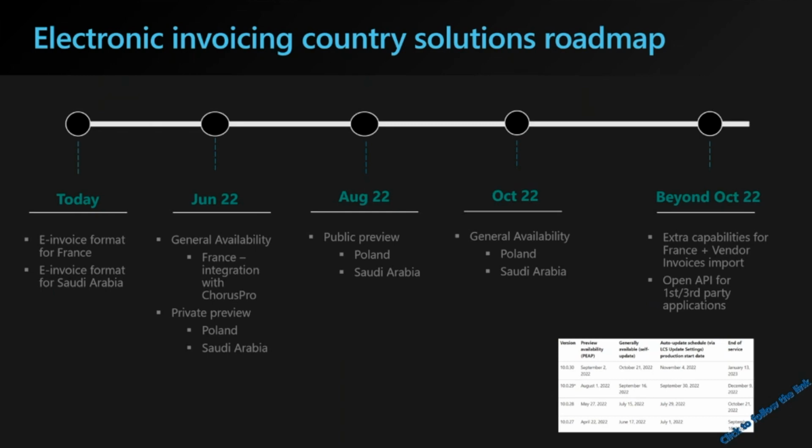Beyond October 22, we still have the plan to release some extra capabilities for France that were referred to in the previous slide, as well as we will include vendor invoice import. One very important and interesting functionality that was also mentioned by Marek is Open API for first and third party applications. We are targeting to release it later, beyond October 22nd.